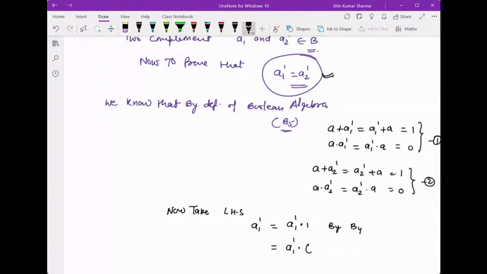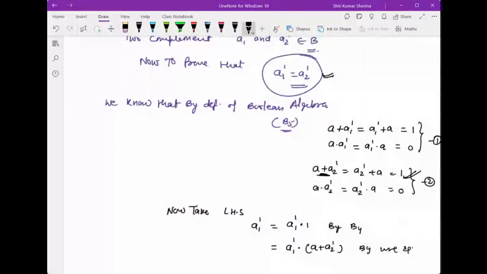This 1 we can write by using equation 1 or 2. Equation 1 और 2 से क्या लिख सकते हैं? एक तो लिख सकते हैं 1 plus A plus A1 complement. Or the second term we can write as A plus A2 complement, so we use equation number 2. So this equals 1, and we write it by using equation number 2.